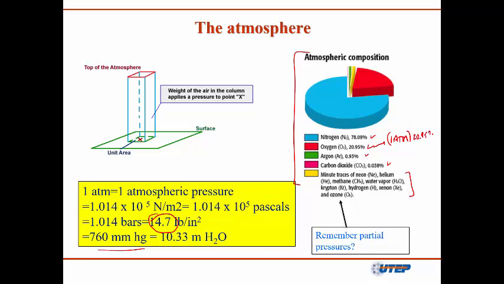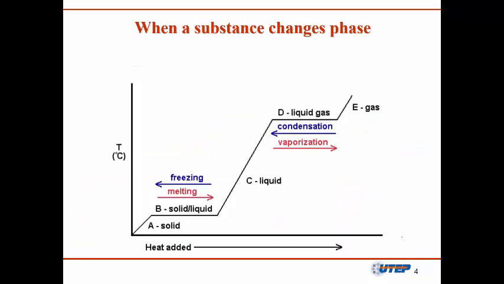So the partial pressure of oxygen in 1 atmosphere would be 0.209 or 0.21 atmospheres. For nitrogen, same thing, it's 0.78 atmospheres. So this is an important concept that will come back with other classes.